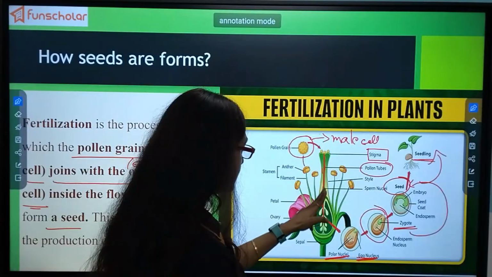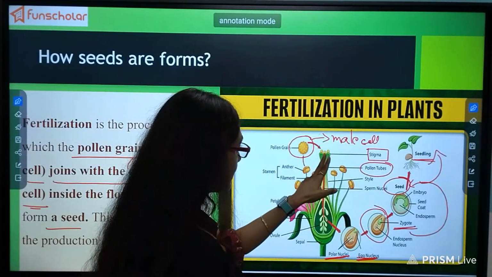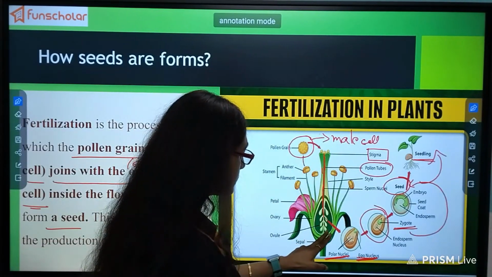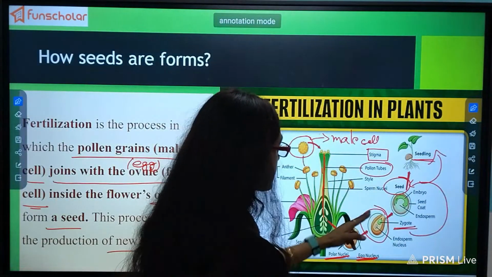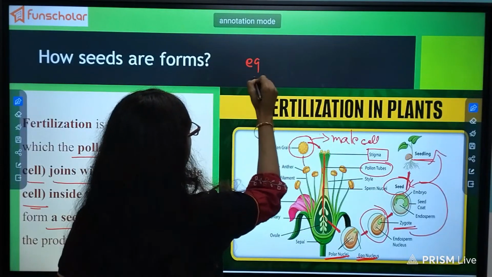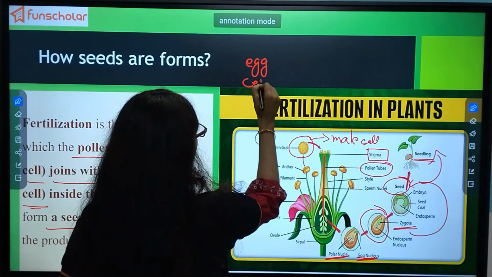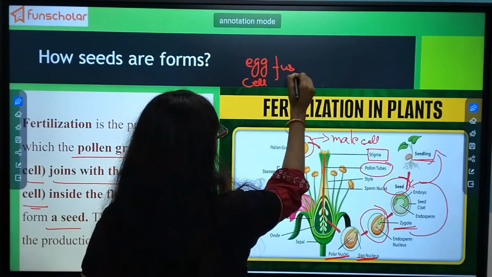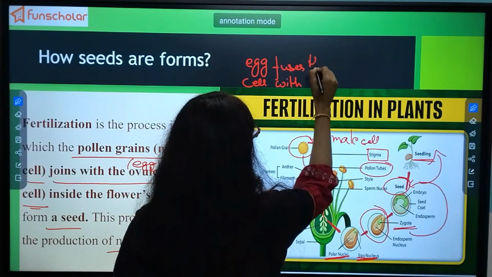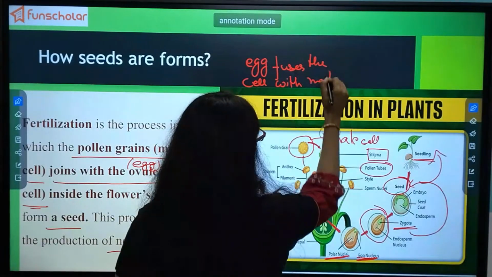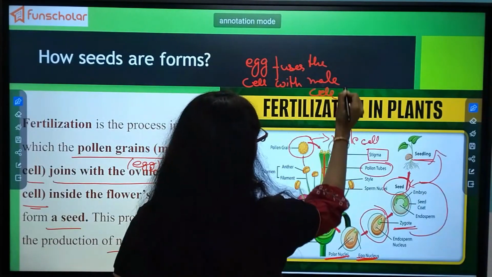After that, a tube-like structure is formed through which the pollen grains reach the egg cell. After that, the egg cell fuses with the male cell. And what will it form?